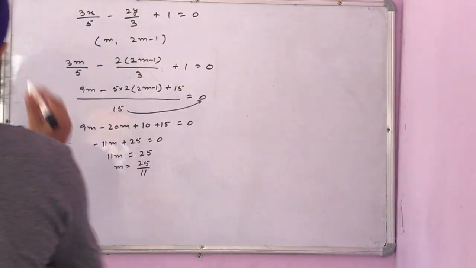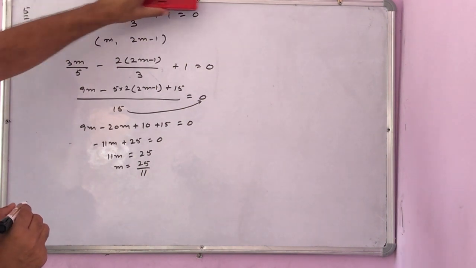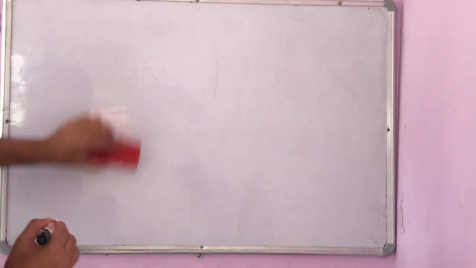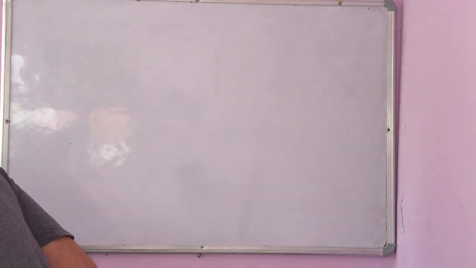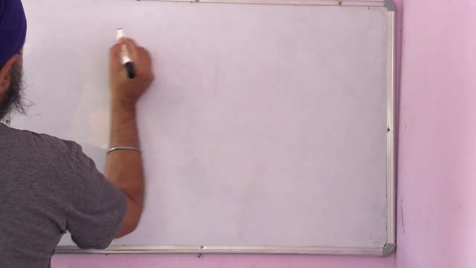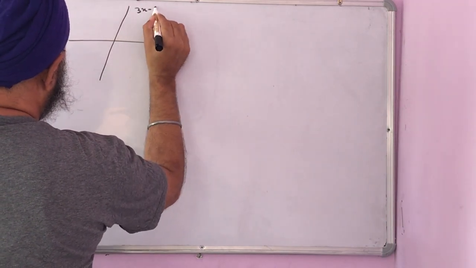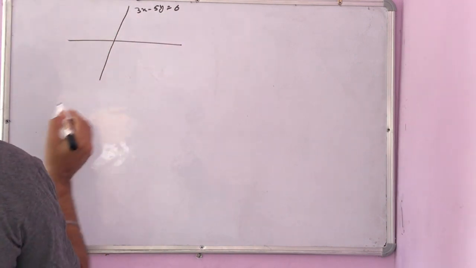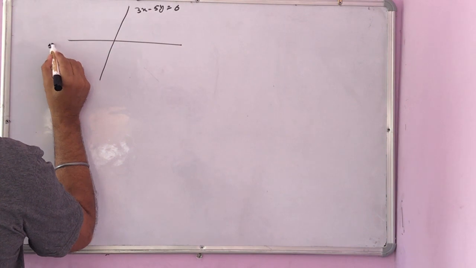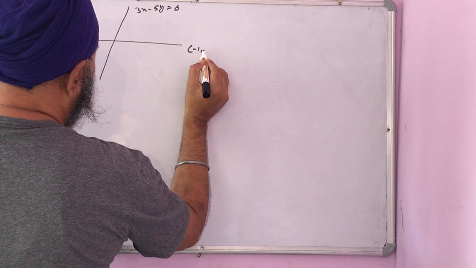Then question number 6 I do. Question number 6: does the line 3x minus 5y equal to 6 bisect the join of (5, minus 2) and (minus 1, 2)?